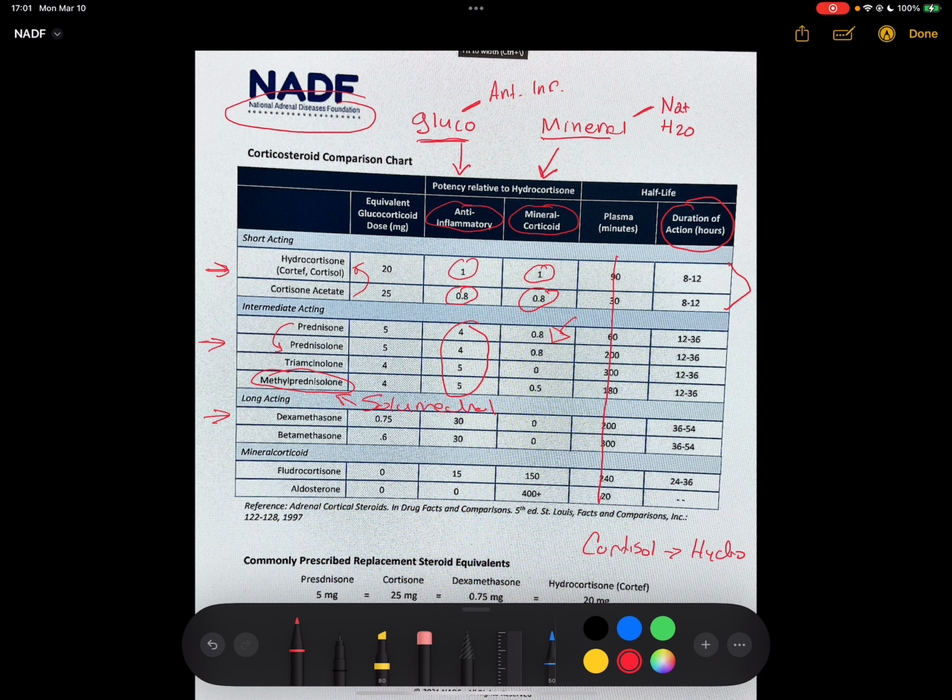All right. And so the mineralocorticoid effects are going to be fairly similar to hydrocortisone, if not less in some cases. For example, triamcinolone has no mineralocorticoid activity, and methylprednisolone has about half of the mineralocorticoid activity that you would see with hydrocortisone.